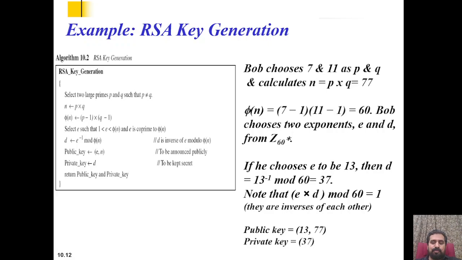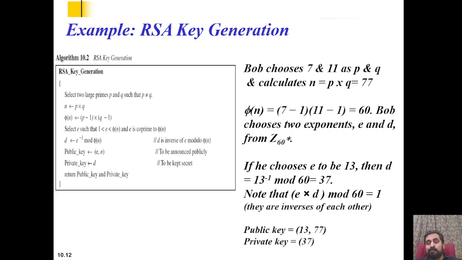Here is an example. We will use small values that are helpful to understand and illustrate how the RSA algorithm works. Suppose we choose P equal to 7 and Q equal to 11, so P times Q equals 77.